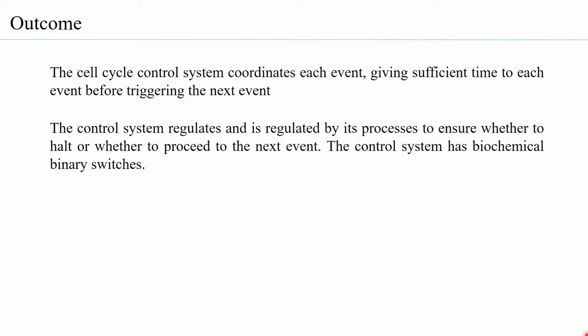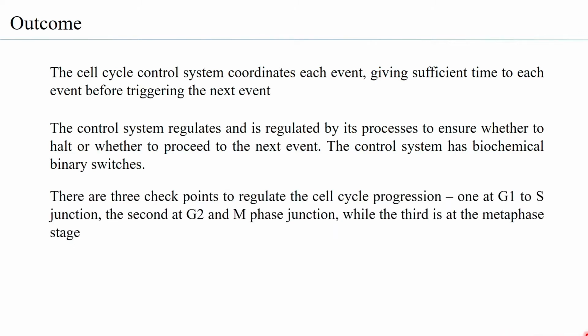So the control system has what are called biochemical binary switches, which means that they can either get switched on or switched off. And this has to be sensed, whether it has to be switched on or switched off.